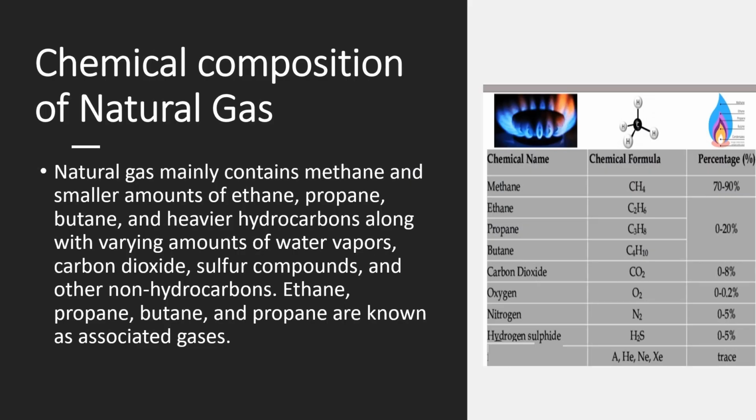Natural gas mainly contains methane and smaller amounts of ethane, propane, butane, and heavier hydrocarbons along with varying amounts of water vapors, carbon dioxide, sulfur compounds, and other non-hydrocarbons. Ethane, propane, and butane are known as associated gases.